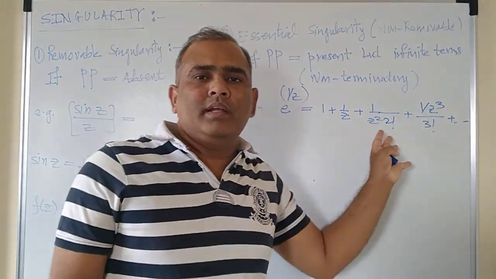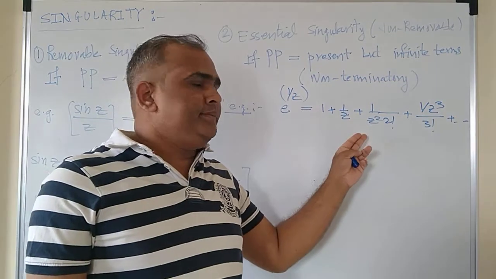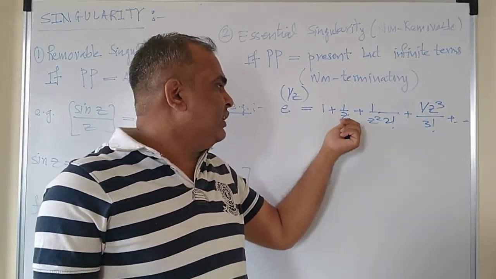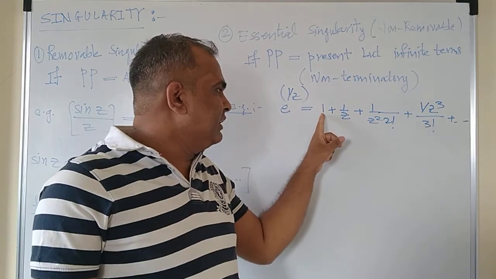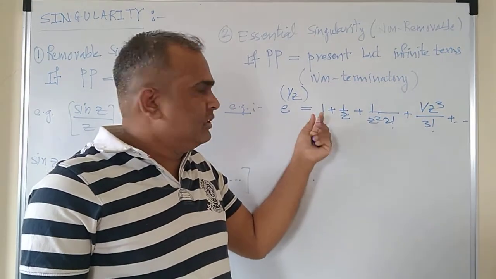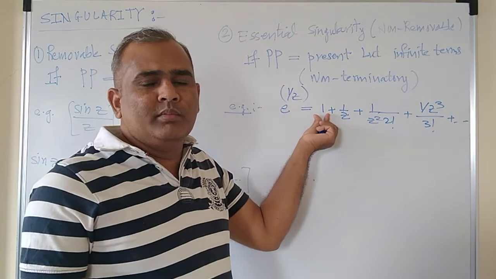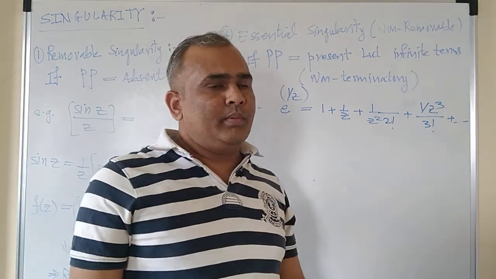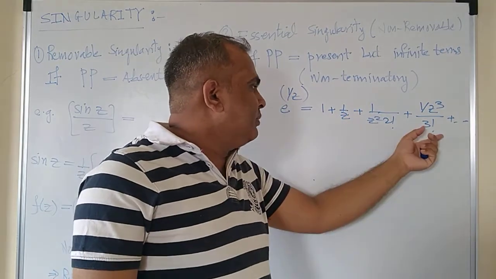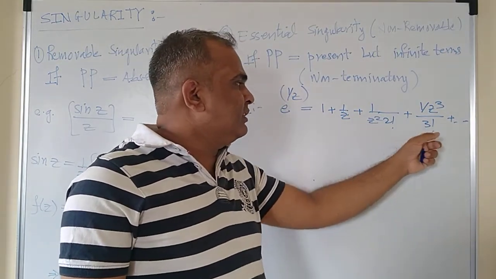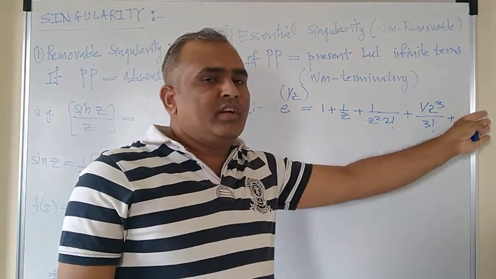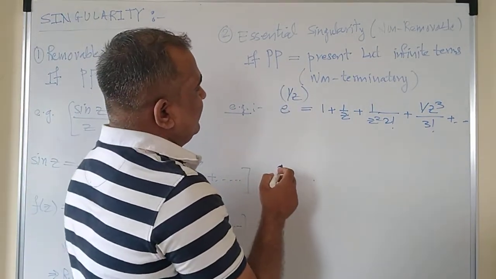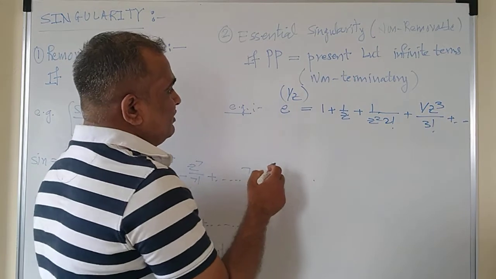What is the principal part? The principal part is the part where z is present at the denominator. There is only a single term where z does not exist. So this first term is the analytic part, the rest of the terms are the principal part, and in all of them z exists at the denominator and the terms are non-terminatory, and therefore this kind of singularity is called an essential singularity.